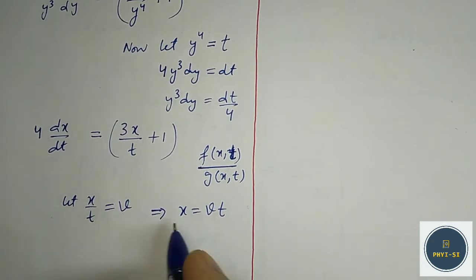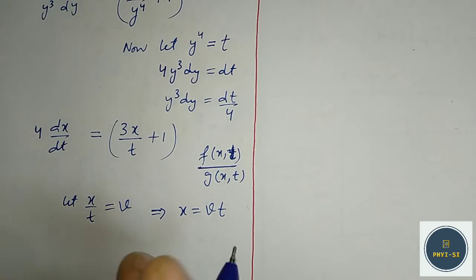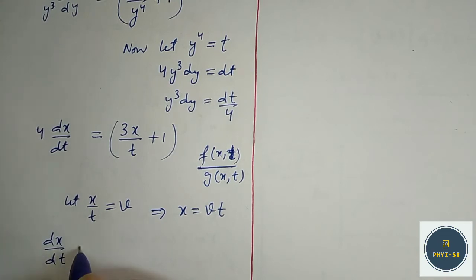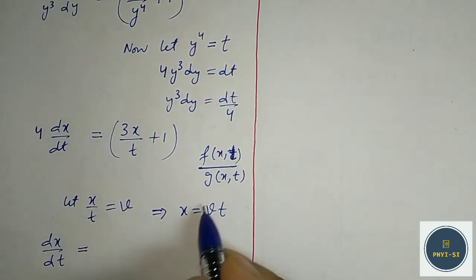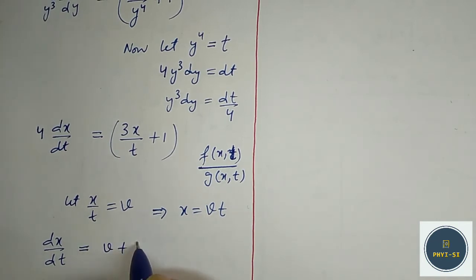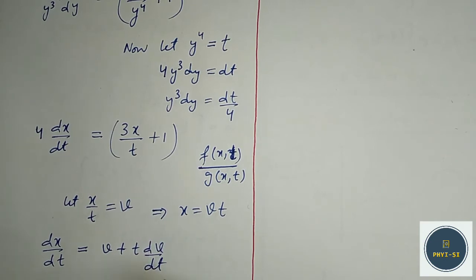Differentiating this with respect to t, so dx by dt, and applying the product rule, we'll get v plus t into dv upon dt.